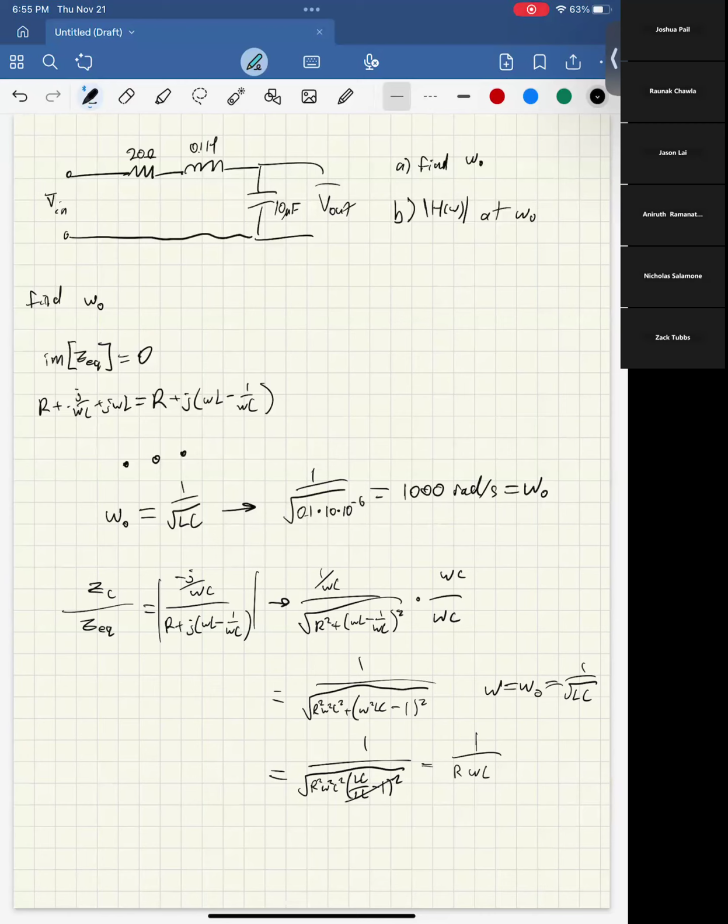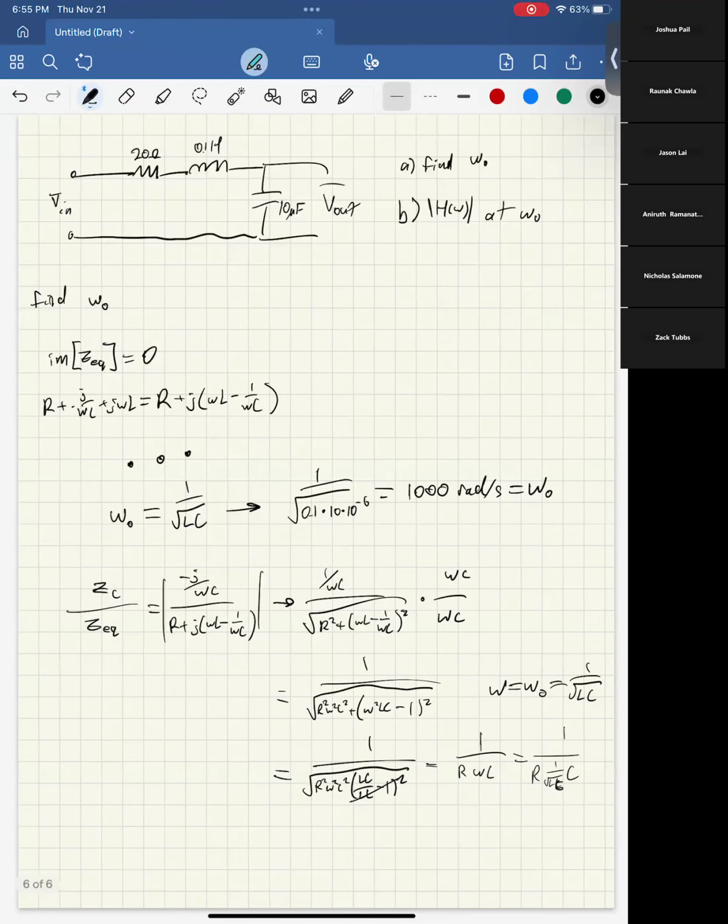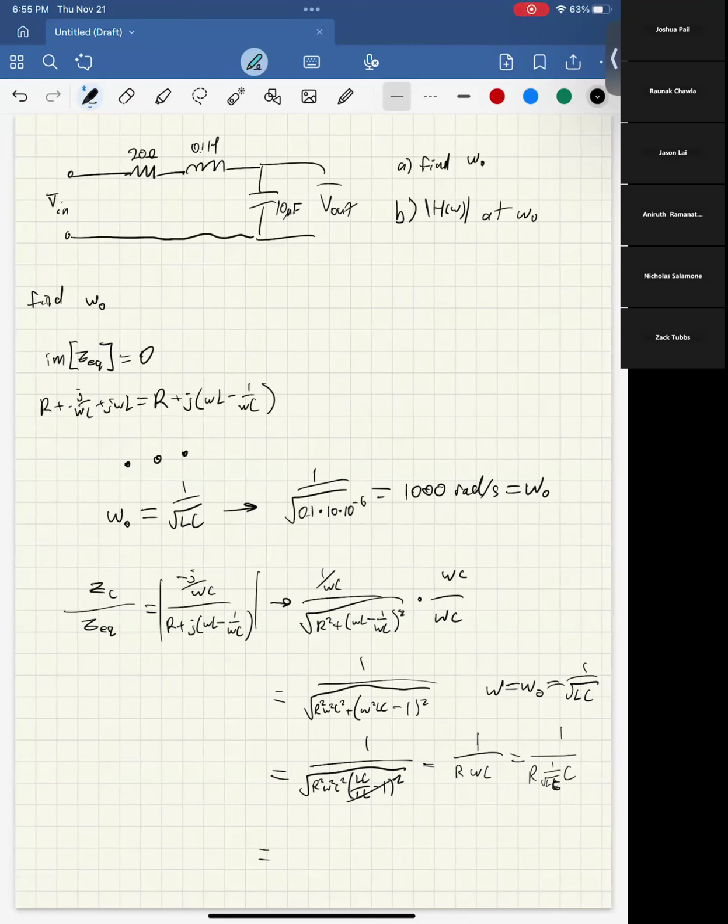And we know what that is. Wait, let me make sure I'm doing this right. Yeah. So you can just plug in numbers really whenever here. This is kind of an uglier way. Anyway, you'd plug in numbers.